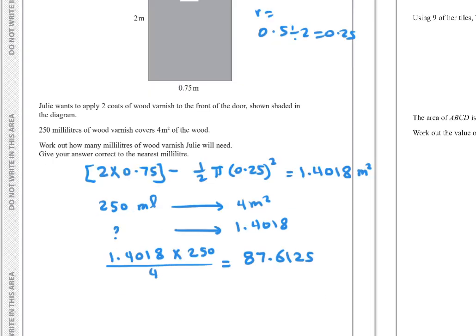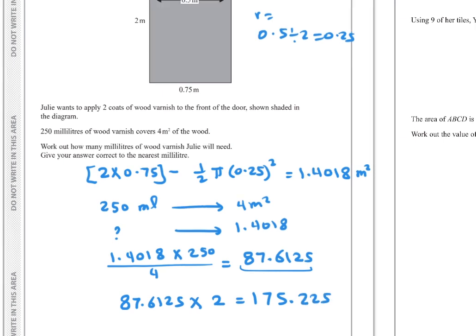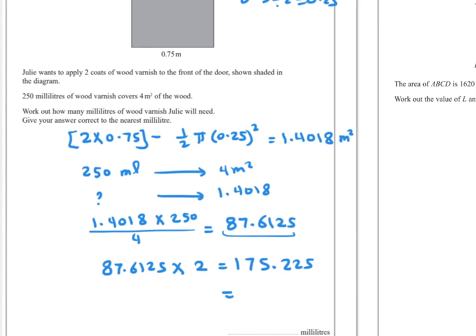Now for 2 coats, multiply this number by 2. So 87.6125 times 2 equals 175.225. To nearest milliliters, 175.